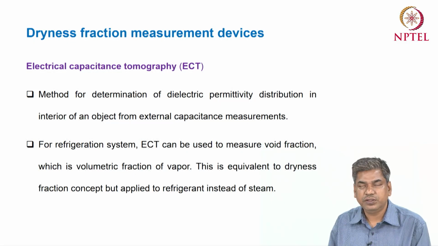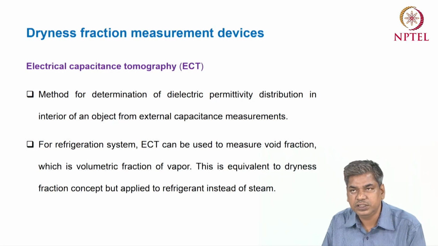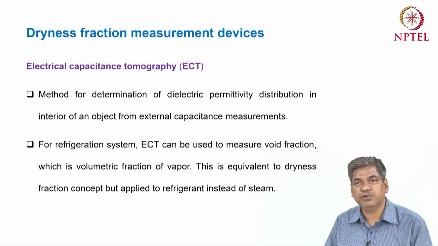This type of method is generally used to measure the dryness fraction of the refrigerant at that condition. For that, basically, we first have to find out the interior dielectric permeability distribution.